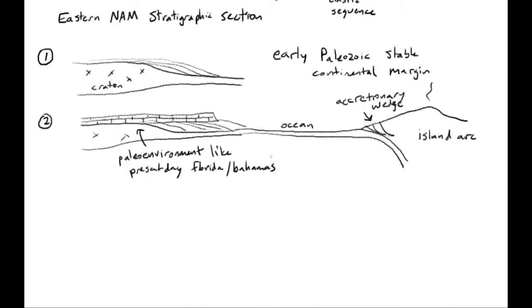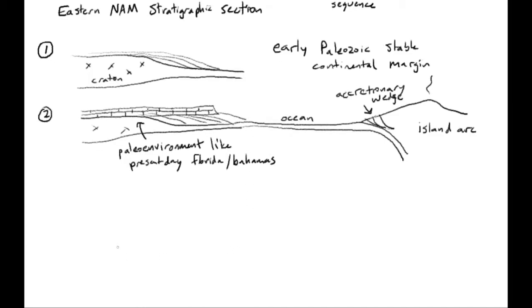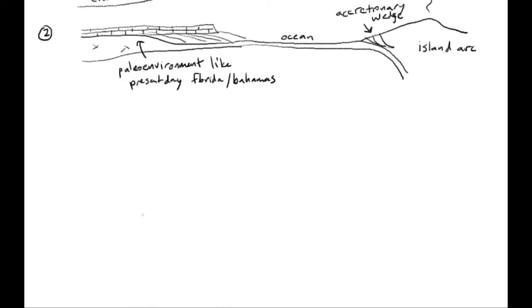So eventually, this ocean is shrinking. As this plate is subducted, this island arc gets closer and closer to the continent, and our next event, 3, looks something like this.